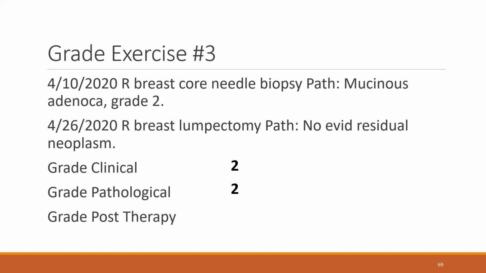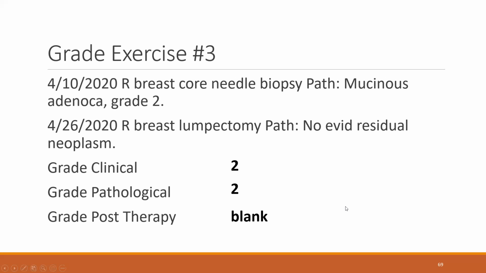Remember, we want the highest grade of the primary tumor that has been surgically resected without neoadjuvant therapy. The path grade includes any information from the clinical grade all the way through surgical staging. That is considered pathologic. Grade post therapy is blank because there's no neoadjuvant.